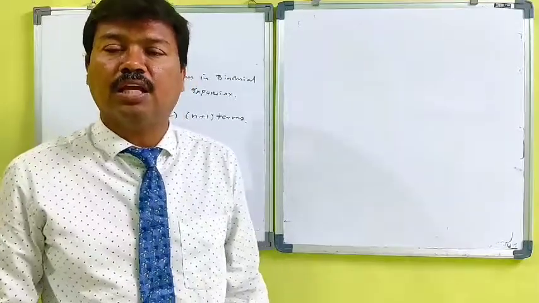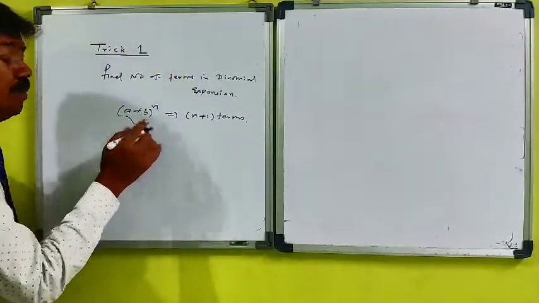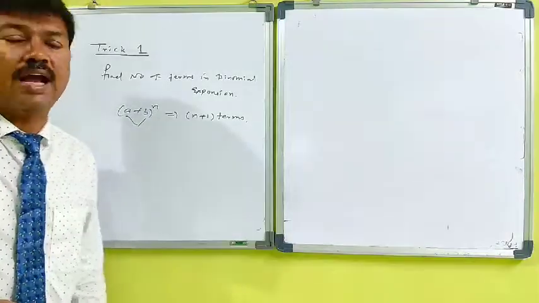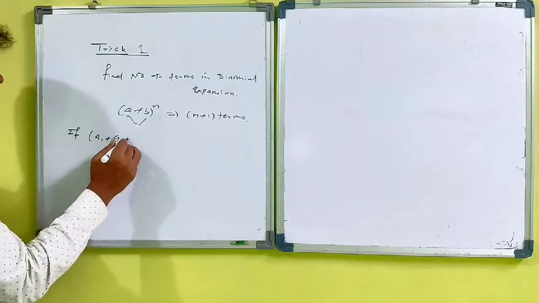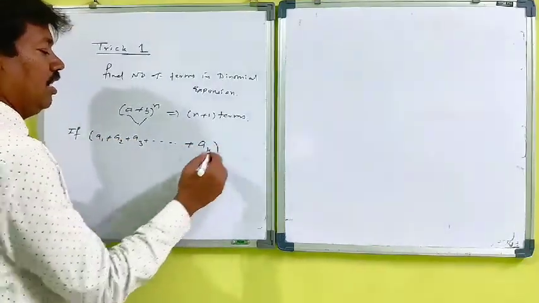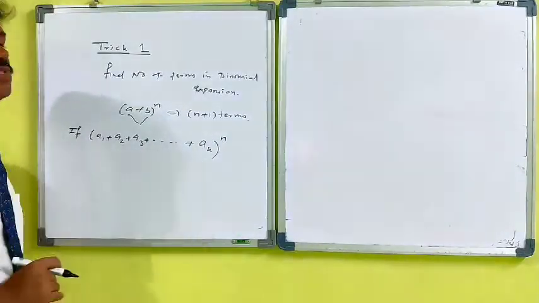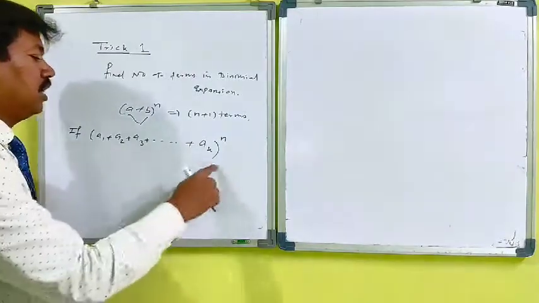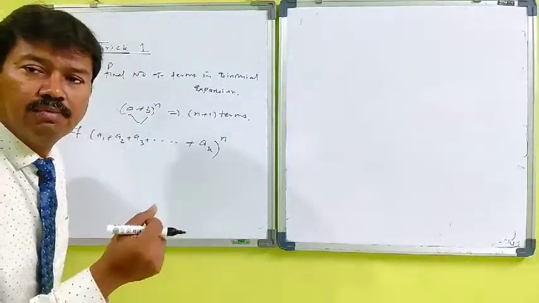But what happens as soon as the terms become more than 2? That is, if a1 plus a2 plus a3 and so on up to ak, all raised to n. What is the number of terms for this particular expression? This very simple formula is there.